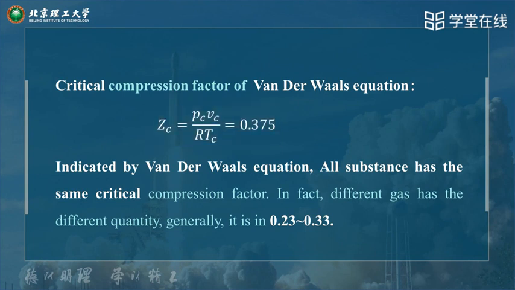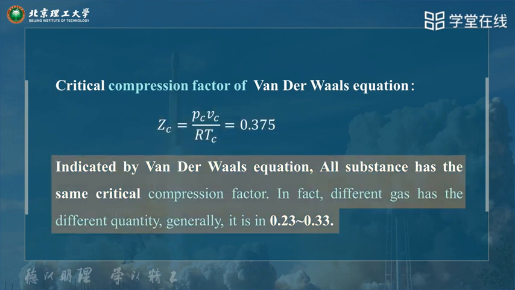0.375. The Van der Waals equation tells us that all substances have the same critical compression factor. However, for different substances we find different gases have different compression factors, generally in the range 0.27 to 0.33.